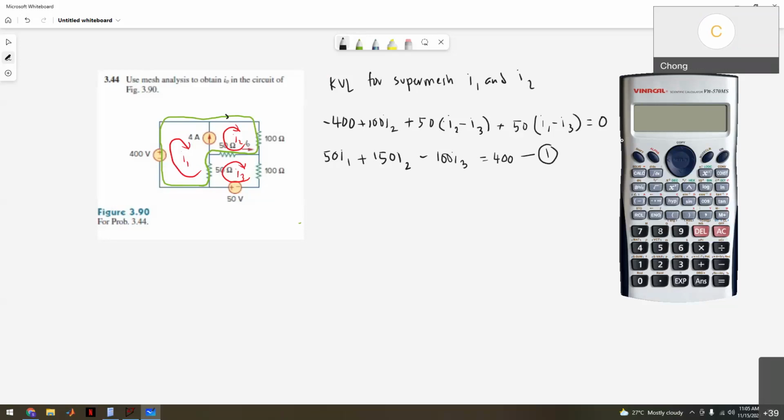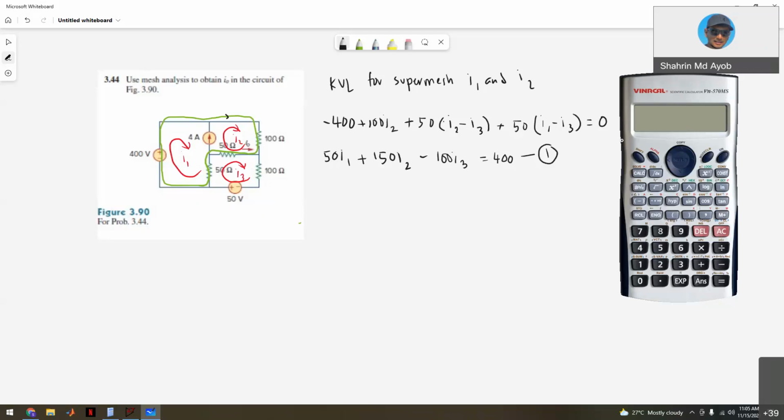Doctor, if we do it anti-clockwise, we can't get negative 400 but positive 400 for the 400 V voltage. Actually, it doesn't matter if you go clockwise or anti-clockwise.